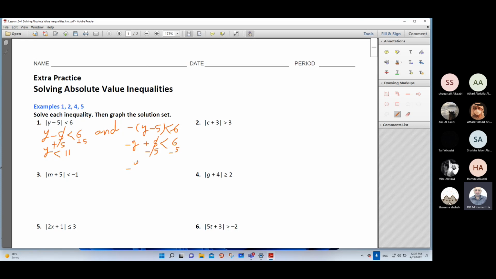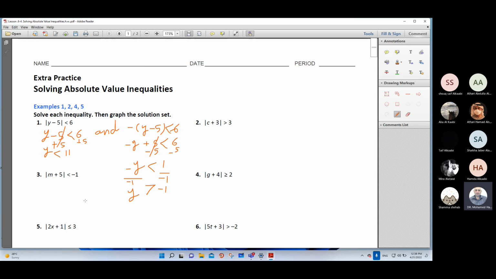So here we have minus y less than 6 minus 5, which is 1. Then try to remove the minus here. You can divide by minus 1. Minus y divided by minus 1 is y, and switch the sign because we divided by a negative number. And 1 divided by minus 1 is minus 1.